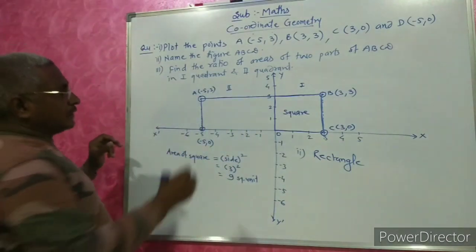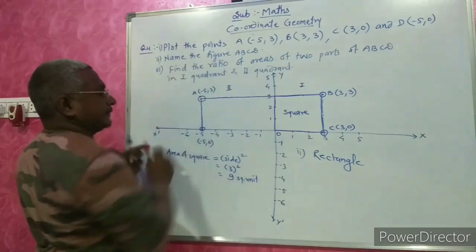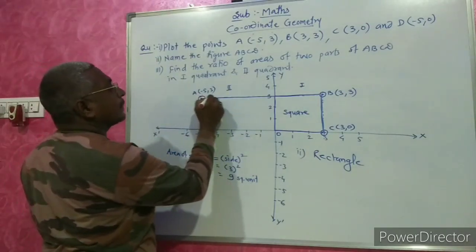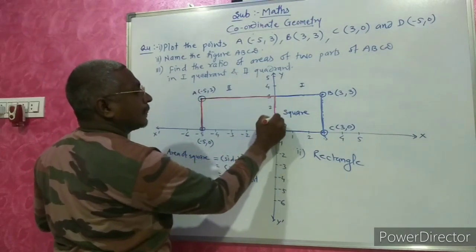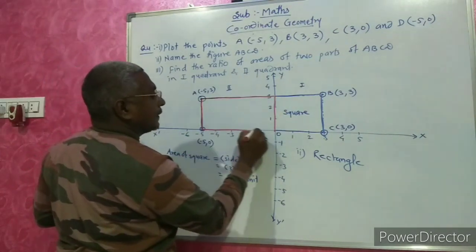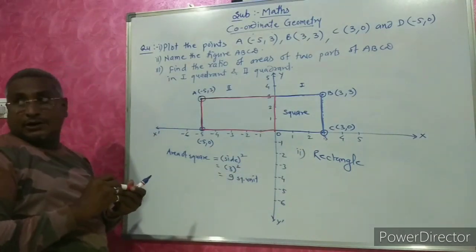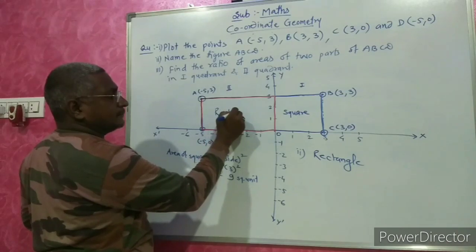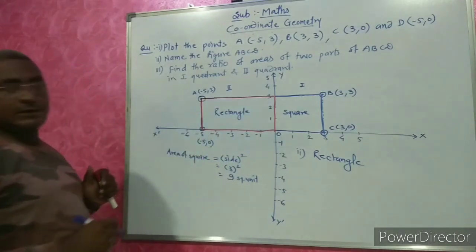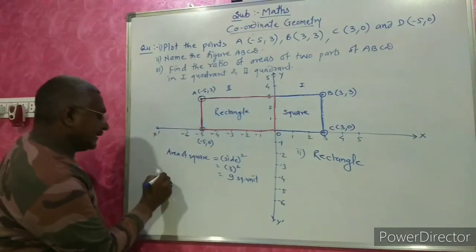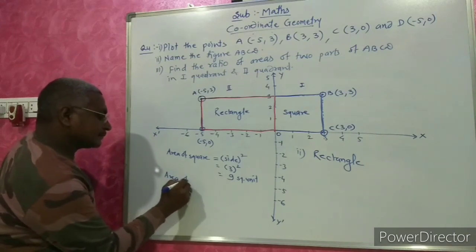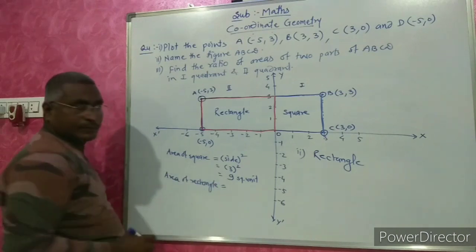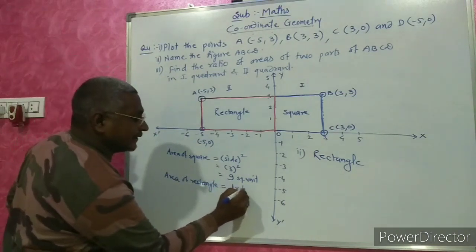This is the first quadrant and this is the second quadrant. In the second quadrant, what type of figure do we get? A rectangle. Area of rectangle is length into breadth.